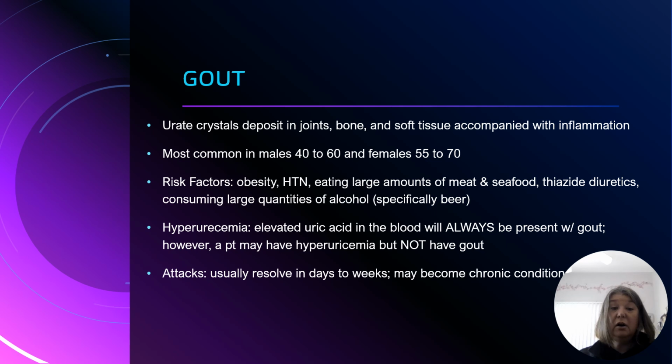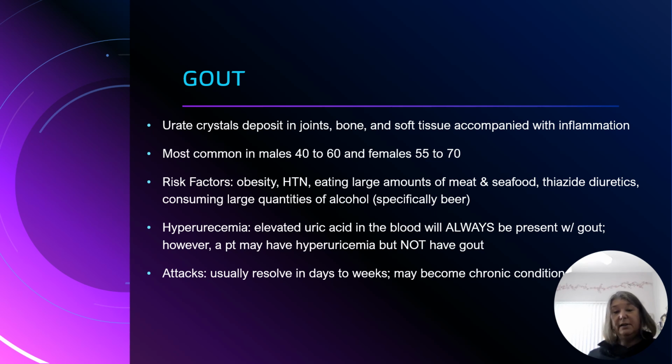Risk factors are related to obesity, hypertension, eating large amounts of meat and seafood, and consuming large amounts of alcohol, in particular beer. So these things, meat, seafood, and beer, produce in the body a lot of purine, right?